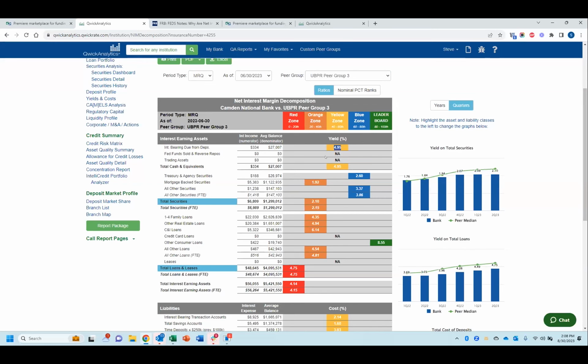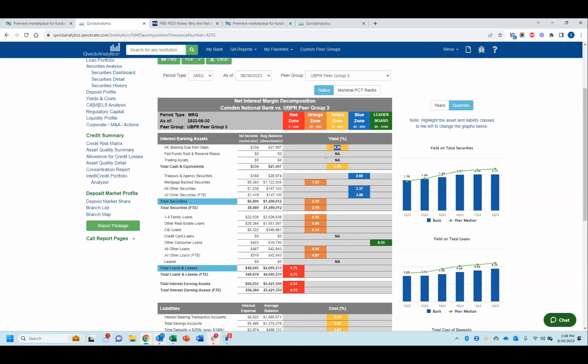Now, whenever you're looking at these types of ratios, just like for an ROA, for most ratios, they are annualized. The benefit of annualization is that you can compare your first quarter net interest margin, for just the first 90 days of this year, with your margin from the entirety of 2022 on an apples to apples basis.